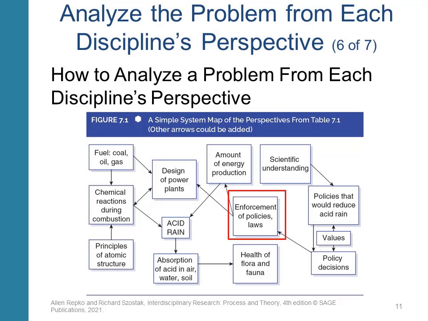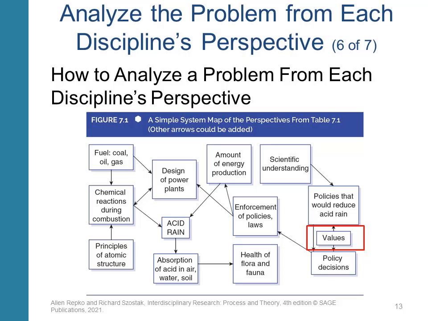Power plant design is regulated to some degree by laws, regulations, policies, and so on, all enforced by the government. Existing policies are the result of policy decisions. Decisions that are influenced by the values of a society, of the decision makers.